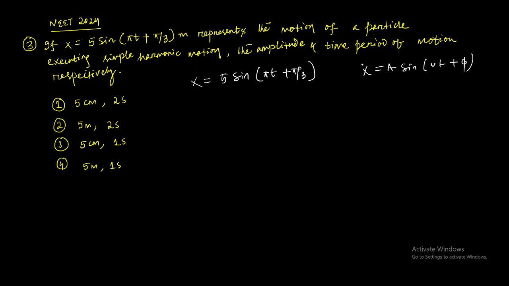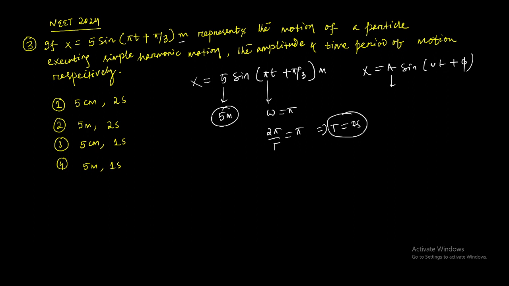This is your SHM equation, right? So just compare these two. 5 will be your amplitude, and it will be 5 meter, because they have given meter here. And pi is your omega, so omega equals pi. So 2 pi by T equals pi, so T equals 2 second. So T equals 2 second and amplitude 5 meter. So option number 2 will be correct.